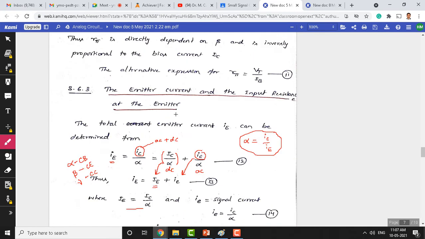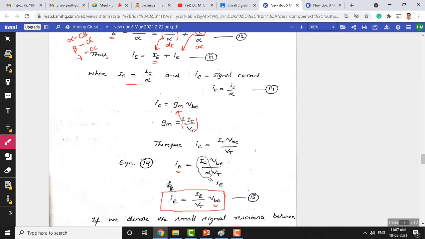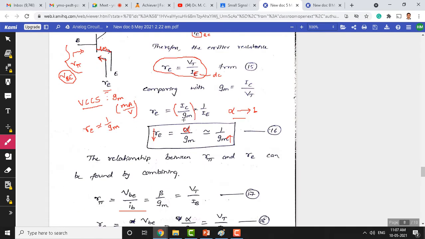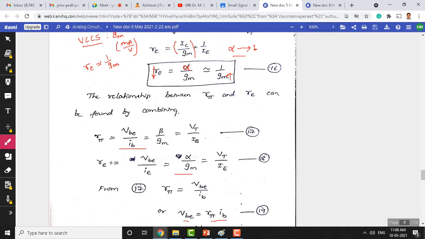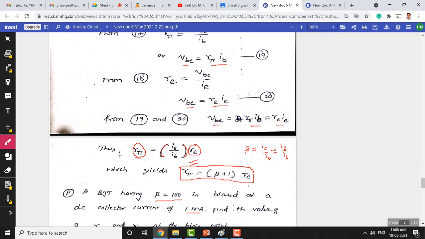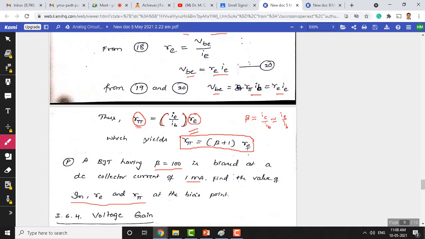When we discuss MOSFET, we will discuss these internal resistances, like Re and r pi, with MOSFET also. Just remember this relationship between r pi and Re. How they are related is given by this. Shortly, you can remember this expression: r pi is equal to (1 plus beta) times Re.